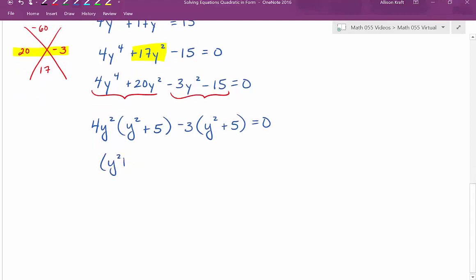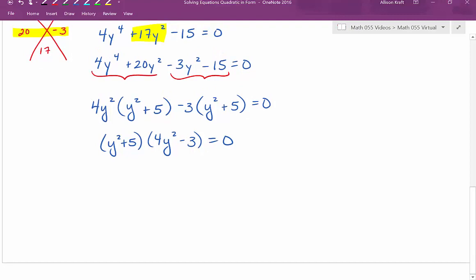Y squared plus 5. 4y squared minus 3 is my second factor. These factors are both quadratic, so I'm going to try to factor them further. Y squared plus 5 doesn't factor, neither does 4y squared minus 3.